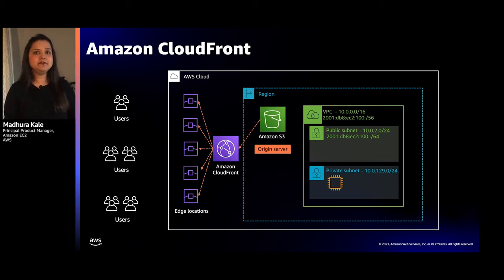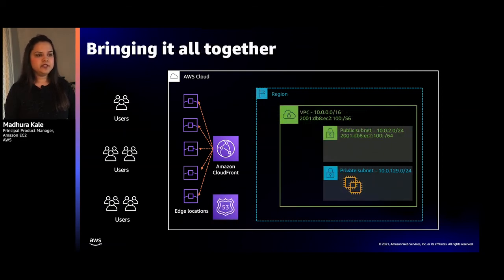Now, what happens in reality? Let's say we've configured this distribution. Now we have an application load balancer and an application that's running, and that acts as our origin server right now. A user queries Route 53 on the domain name for the application and is routed to the edge location nearest to it.